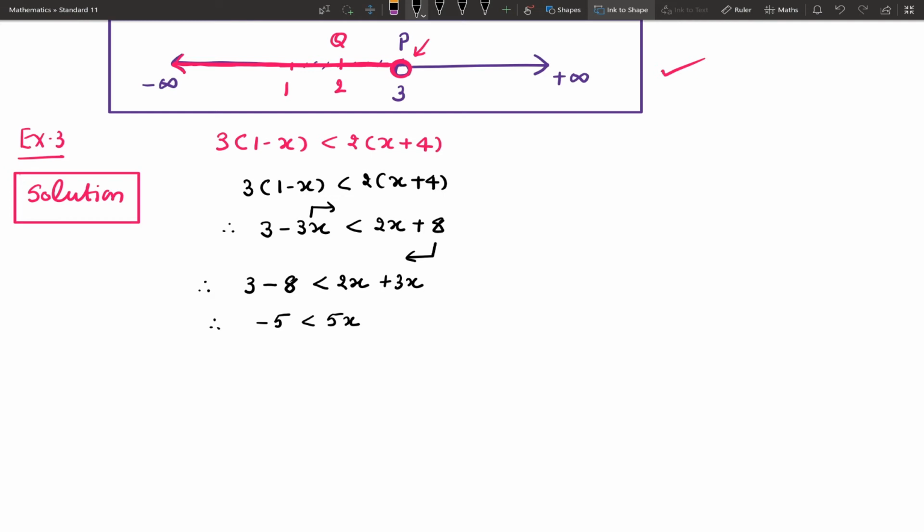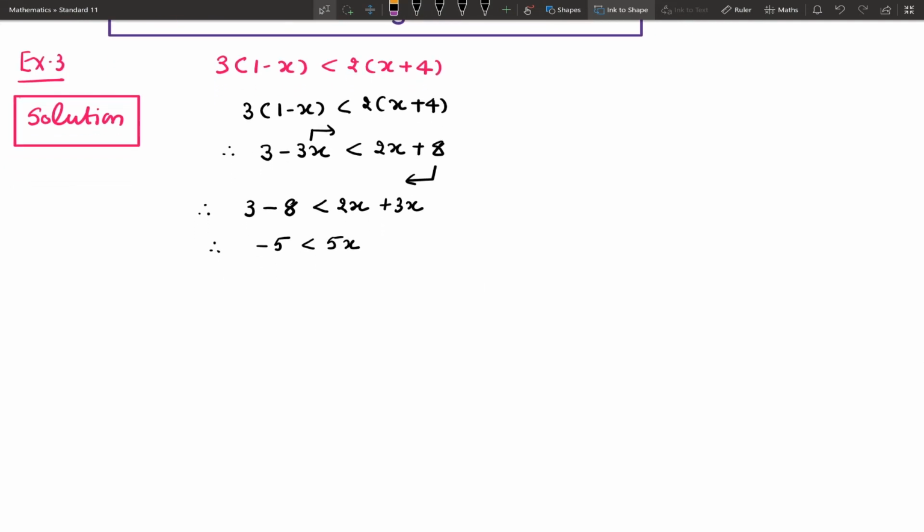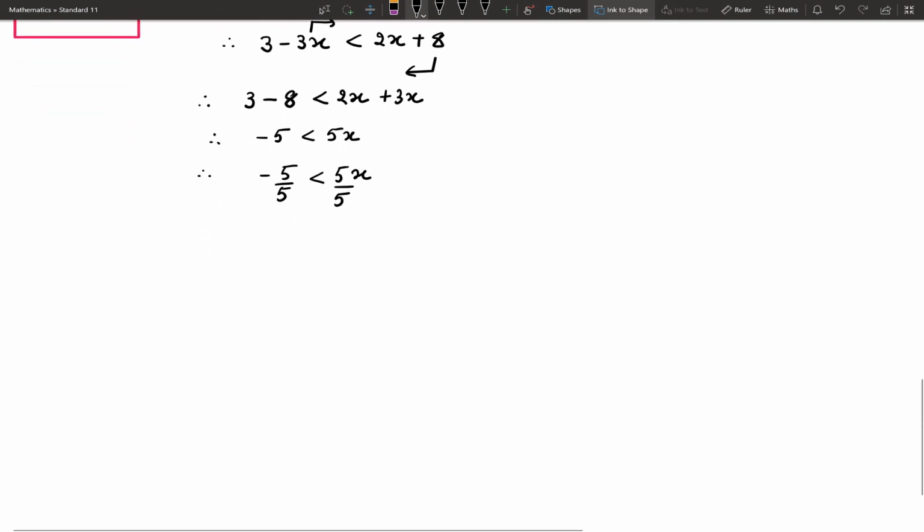5x. Now we divide by 5 and it is a positive number, so there is no change in the inequality. Only if you divide by a negative number, the inequality will change. So we divide by 5, so minus 5 by 5 less than 5x by 5. So as usual, simplification is minus 1 less than x.